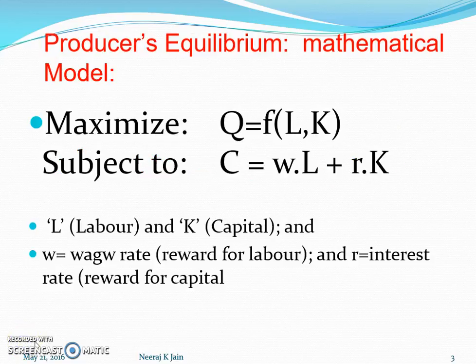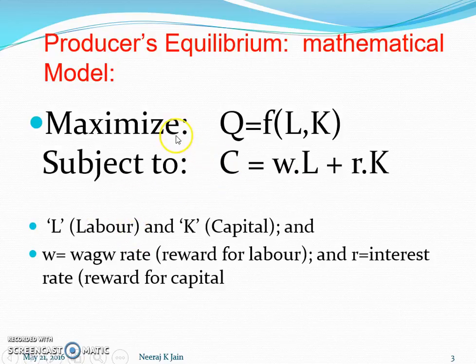Mathematically, if we hypothesize the production function as a function of the two factors of production, say labor and capital, which here are represented by L and K, while production is measured by Q. For getting the equilibrium, the production function will be subject to the cost function.